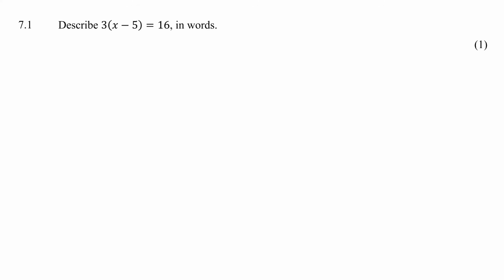They want us to describe this in words. Okay, so this is x, so just call it a number. We could see that this part is first. So you're subtracting 5 from a number.